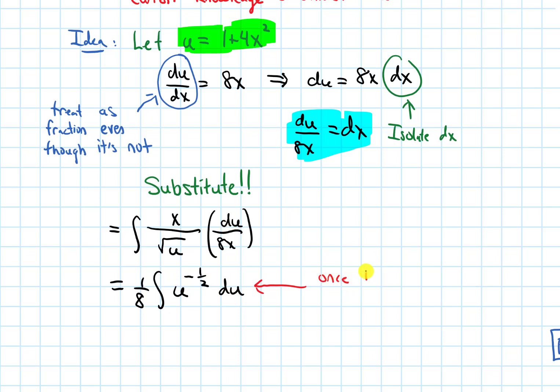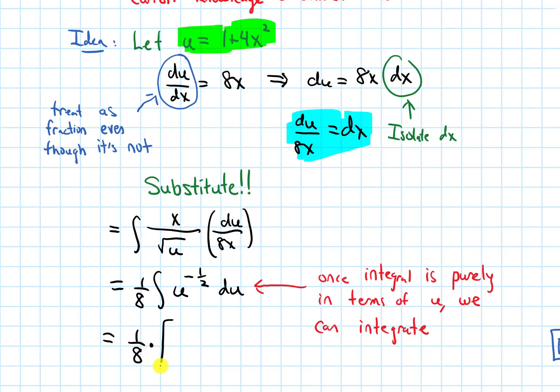Once our integral is purely in terms of u, we can integrate it. And when I say integrate, that's just another way for me to say take the antiderivative. All right, so we'll get the 1/8 staying outside, and then I do reverse power rule on the u to the negative 1/2.